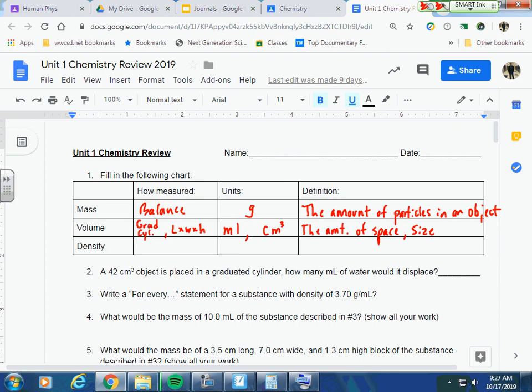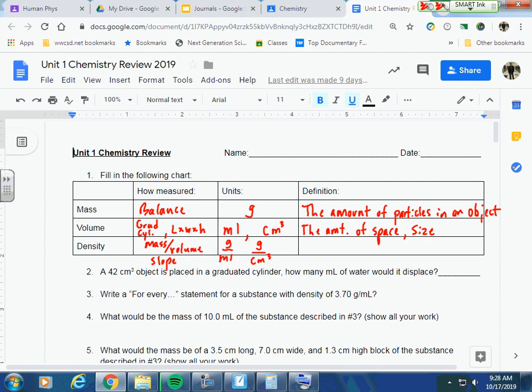All right, and then with density, we really just took mass and divided by volume. We could also do density from the slope of a best fit line. And then density can have some different units depending on what the volume units are that we used. Since it's mass over volume, you could have grams over milliliters, or you could have grams over cubic centimeters.